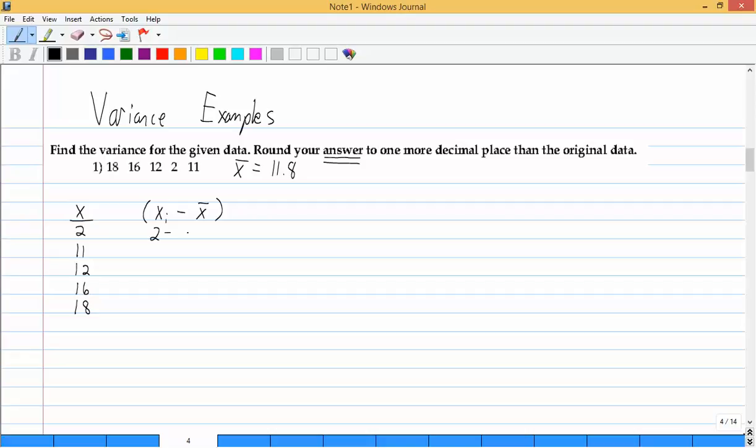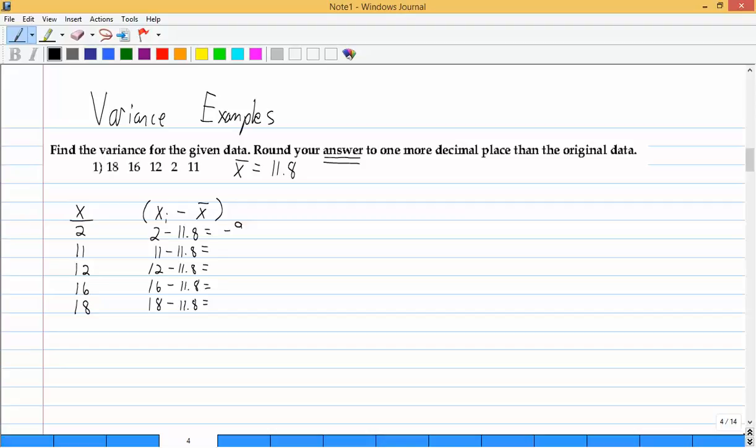So we're going to have 2 minus 11.8, 11 minus 11.8, 12 minus 11.8, 16 minus 11.8, and 18 minus 11.8. Alright, so I'm going to do those in the calculator real quick, just to speed things up.